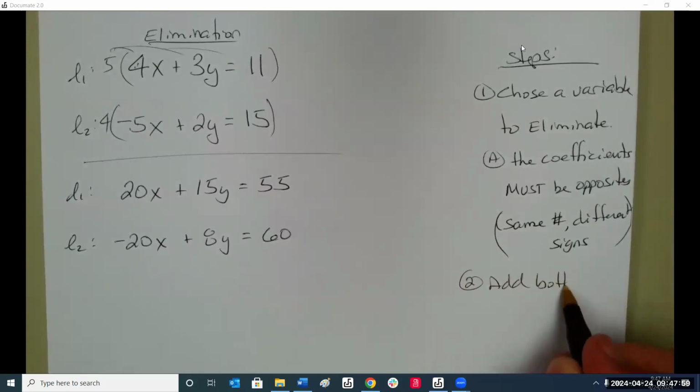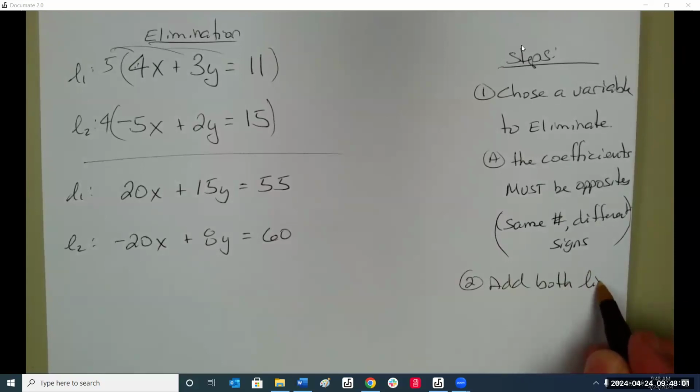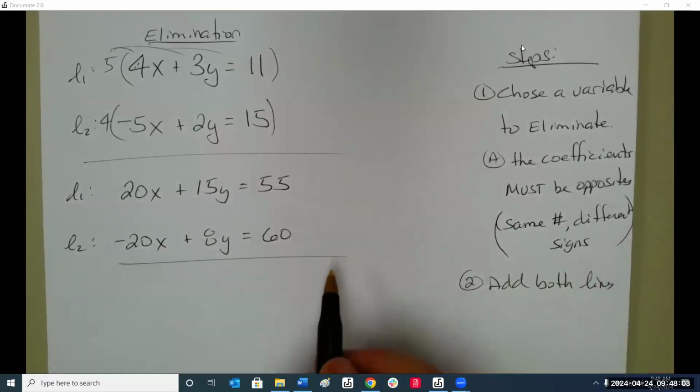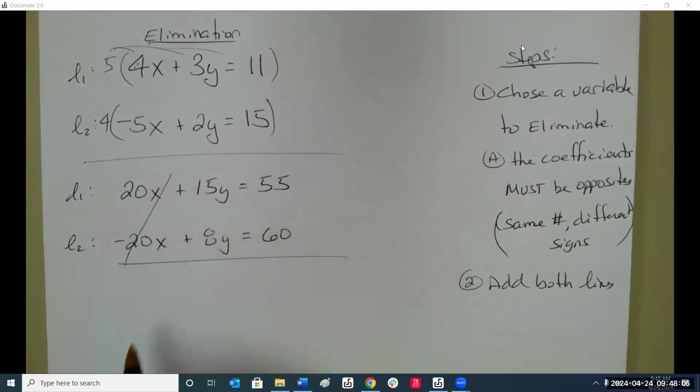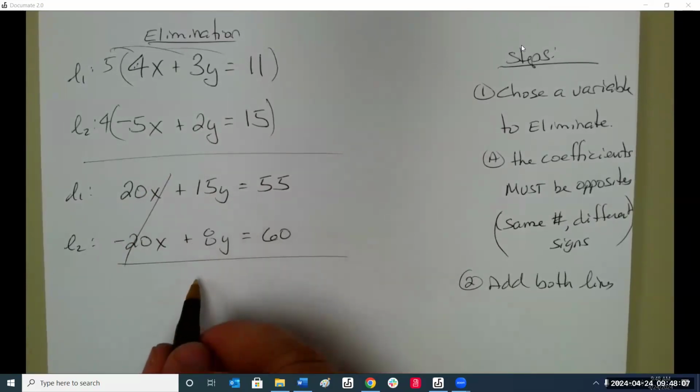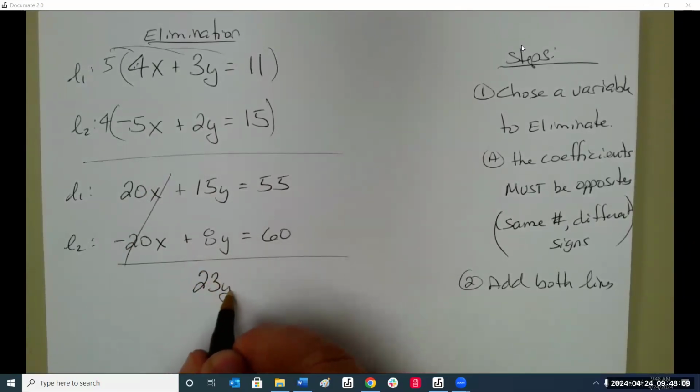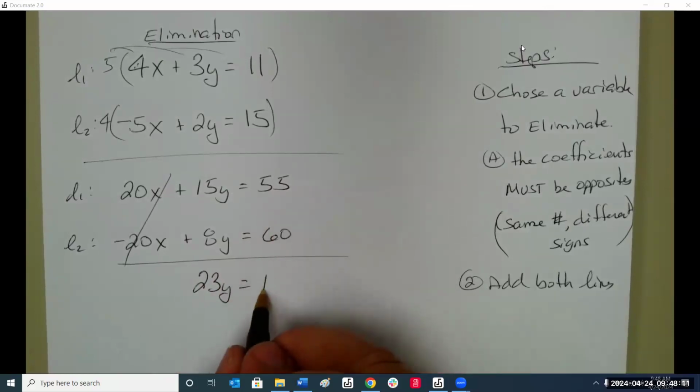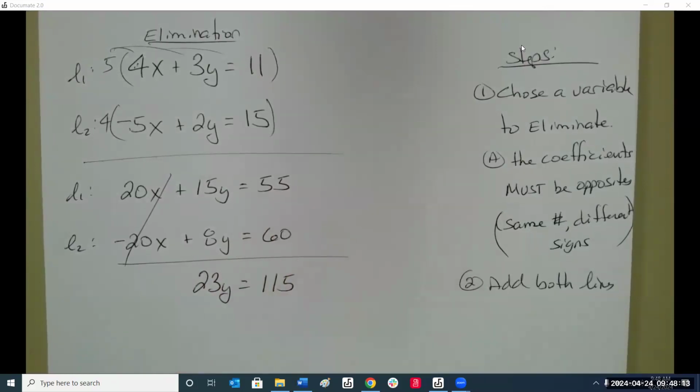Now you add both equations, both lines. 20 and 20 cancel. 15 plus 8 is 23. 55 plus 60 is 115.